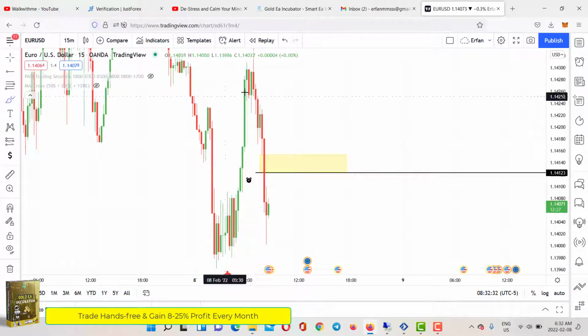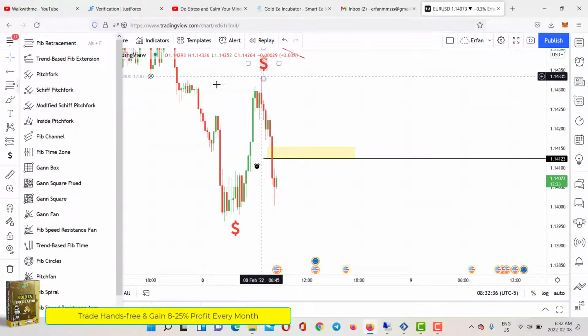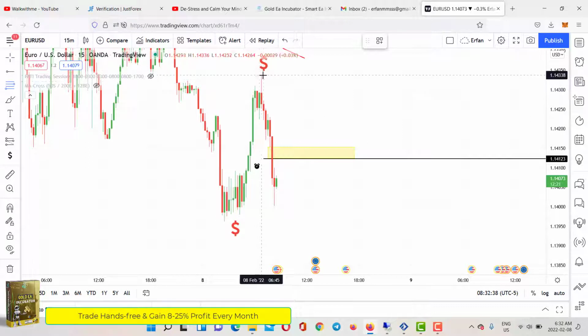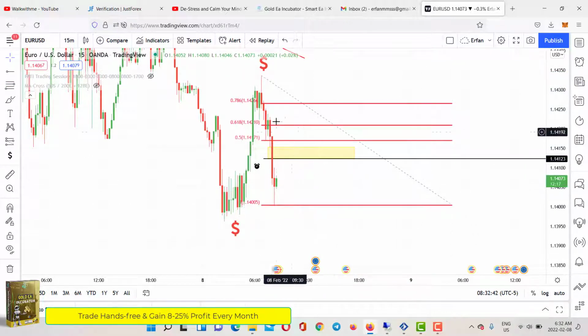And if you pay attention, you see that a lot of people do it from here to here, because they said it's gonna be from the top to the bottom, or vice versa. But if you pay attention, you see that it drops a little bit, and then we had a correction, and then it dropped again.